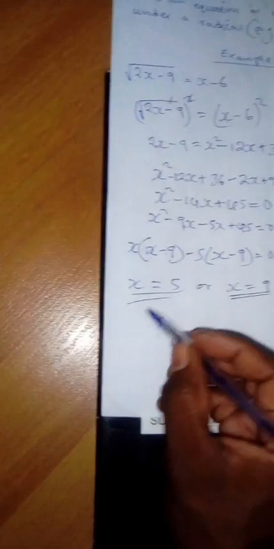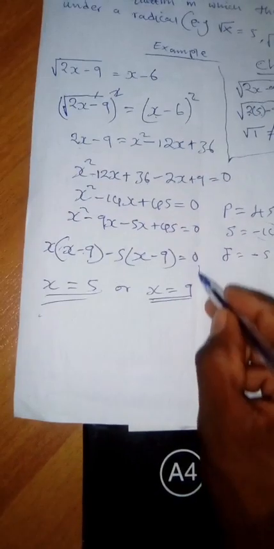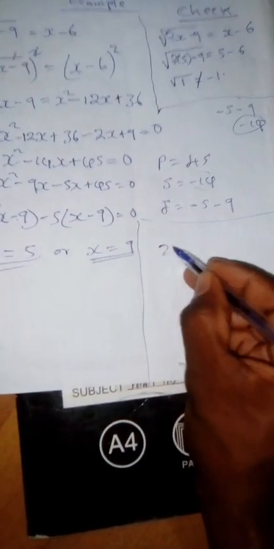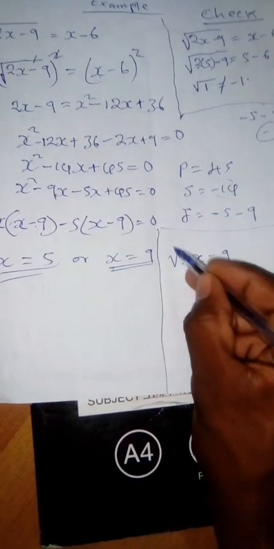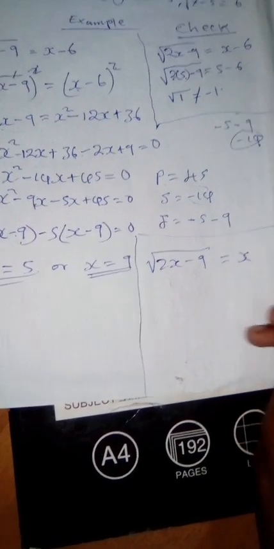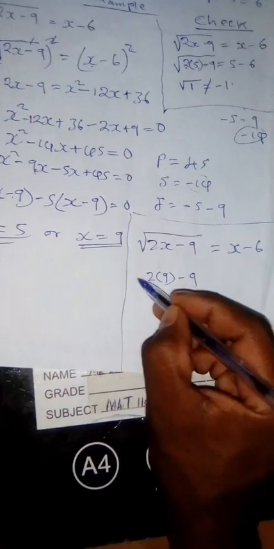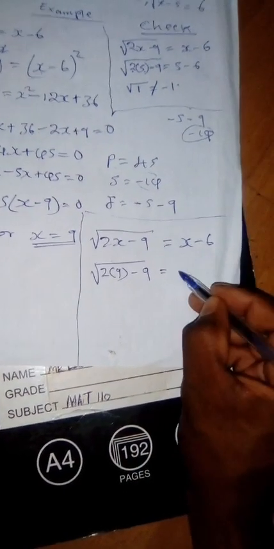So let's go to the last one. I'll check the square root of 2x minus 9 equals x minus 6, putting 9 now. The square root of 2 times 9 minus 9 equals 9 minus 6.